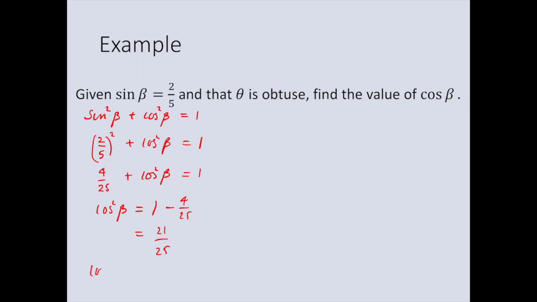So cos beta is either going to be the square root of 21 over 5 or the negative square root of 21 over 5, and we've got to figure out which one that's going to be. So let's look at the CAST diagram.